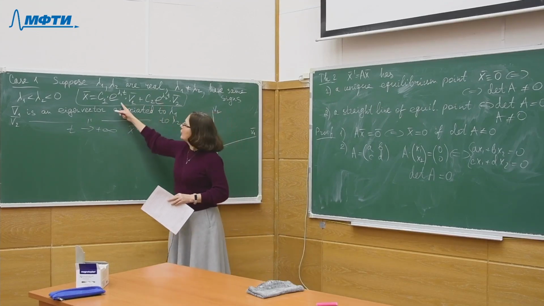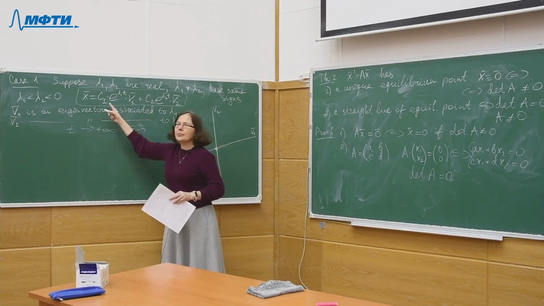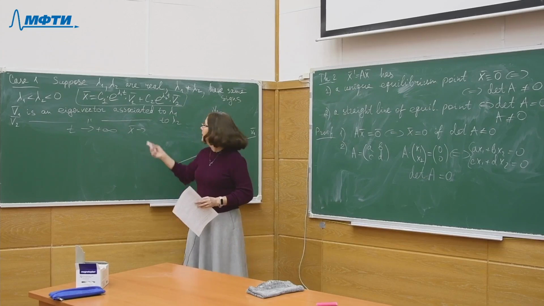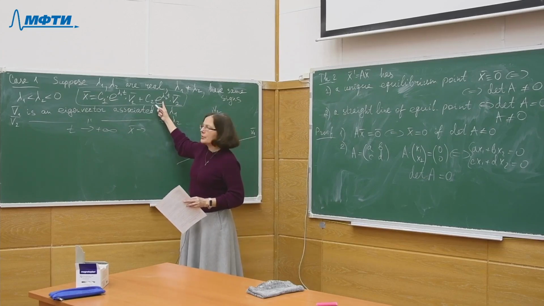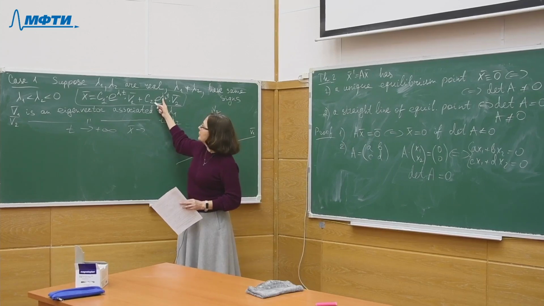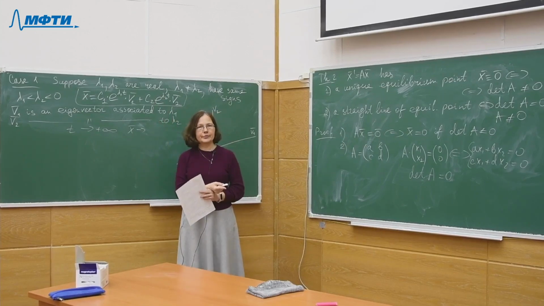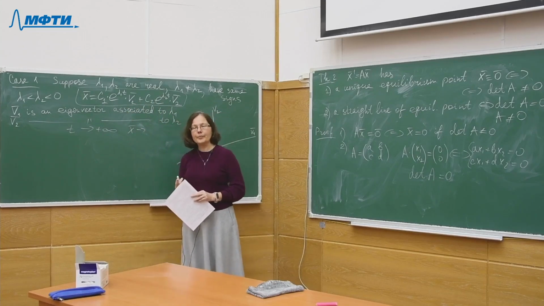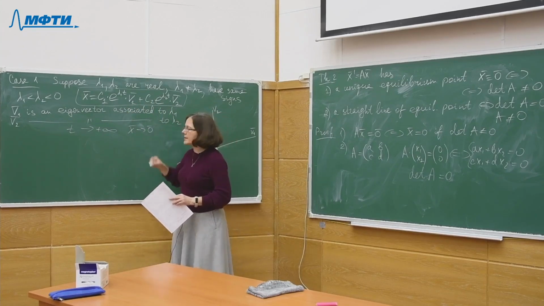Look at the formulas. C1, V1, C2 and V2 are fixed, but the exponential coefficients approach 0 as t approaches positive infinity, since lambda 1 and lambda 2 are both negative. This means that x approaches 0.